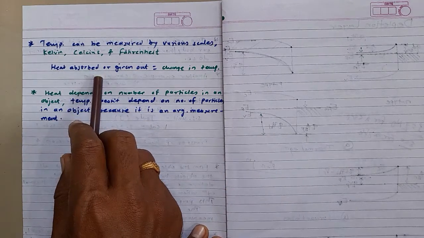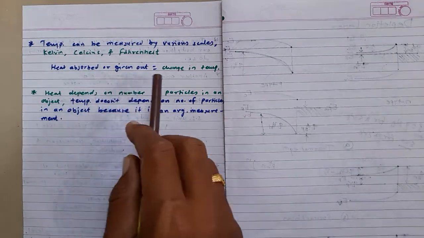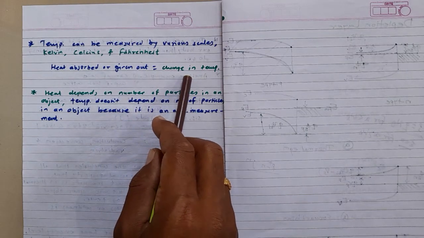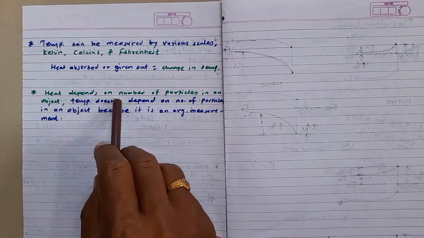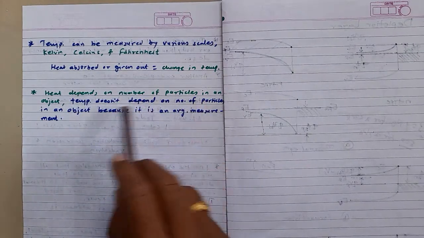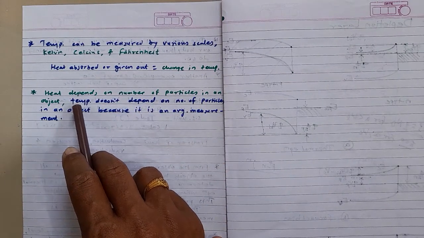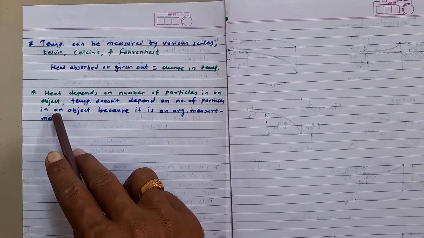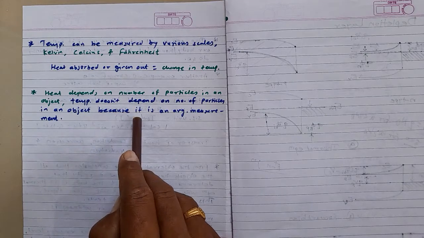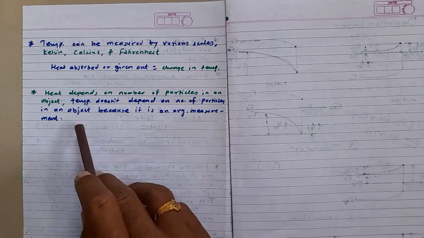Whether the heat is absorbed or given out by the object is measured in terms of the change in its temperature. The heat depends on the number of particles in the object, while the temperature does not depend on the number of particles in an object, because it is an average measurement.